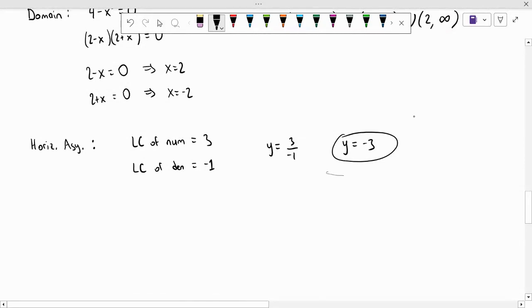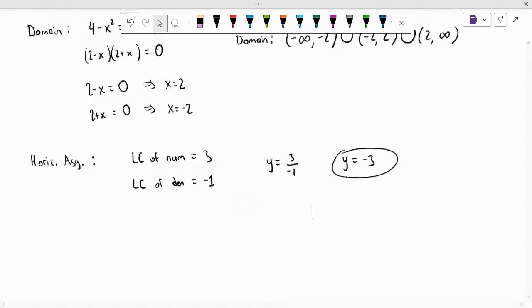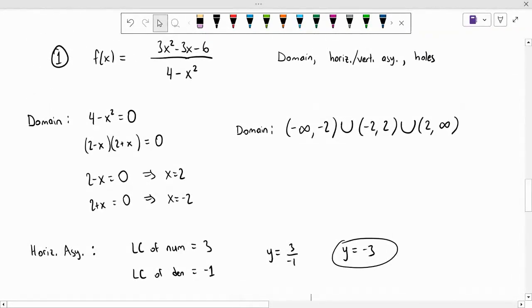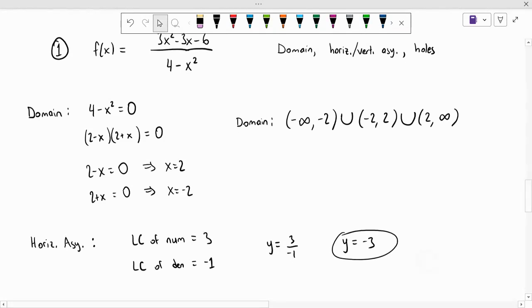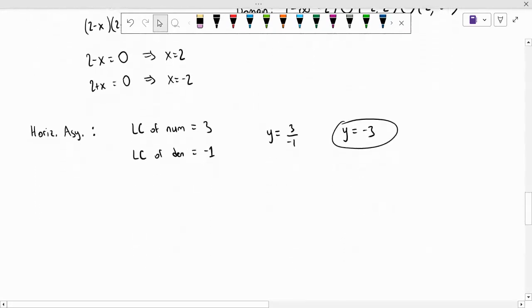Right, and the y equals -3 was just coming from taking the ratio of the leading coefficients. Because the numerator and denominator had the same degree of 2, we took their coefficients, which were the 3 and the -1. So 3 over -1 gave us y equals -3 as the equation of our horizontal asymptote, okay?